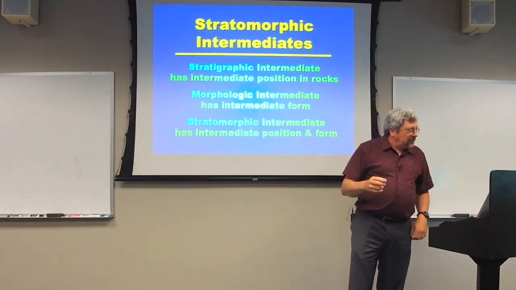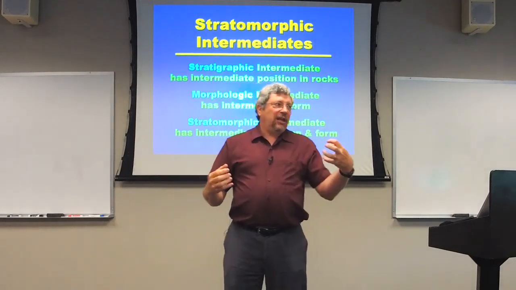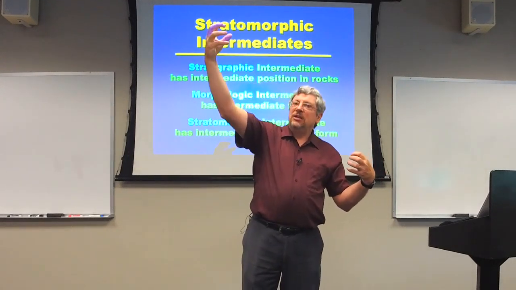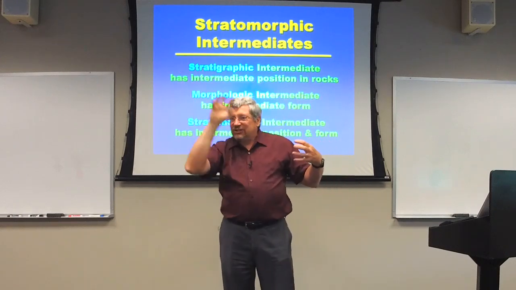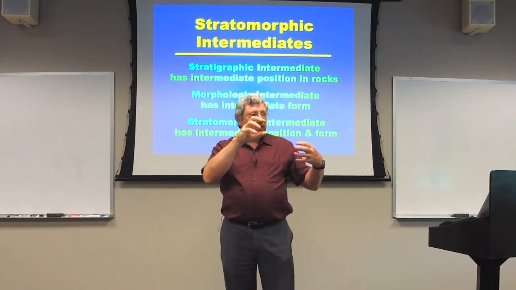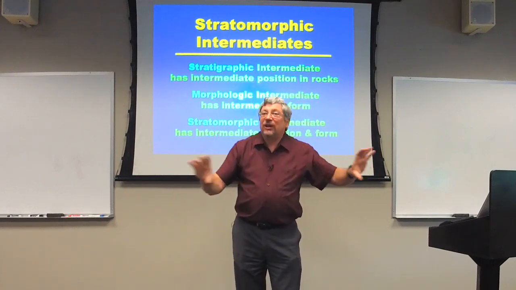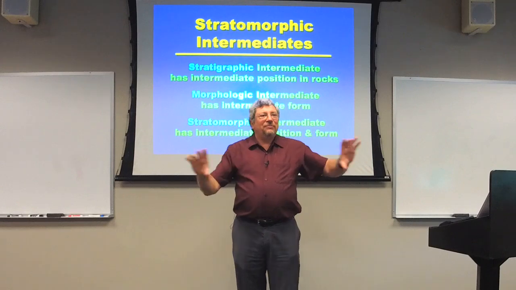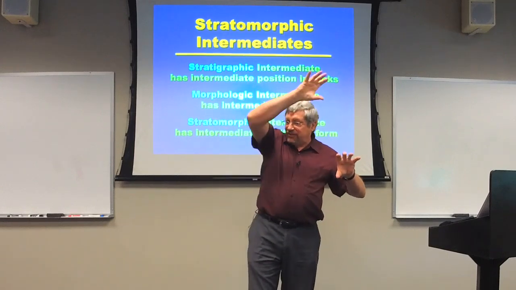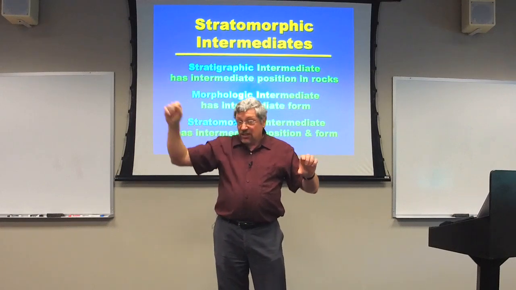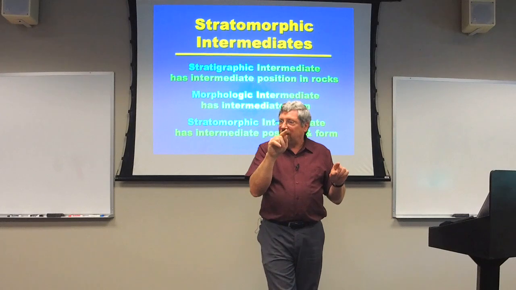If, in fact, evolution is true, that A evolves into B, or A evolves into C and goes through B to get there, then you will have a stratum that has A. Above it should be a stratum with B, and above that should be a stratum with C. And B, then, would be the stratomorphic intermediate.